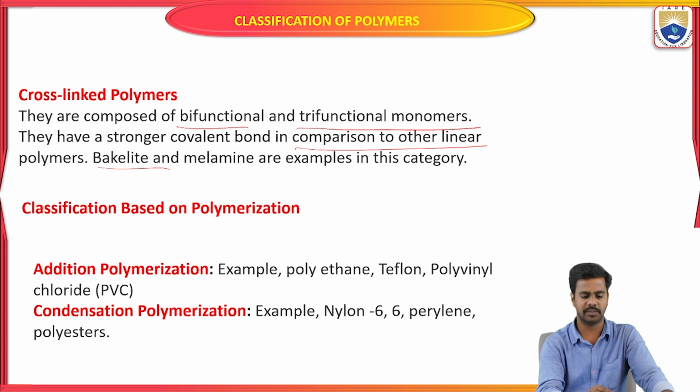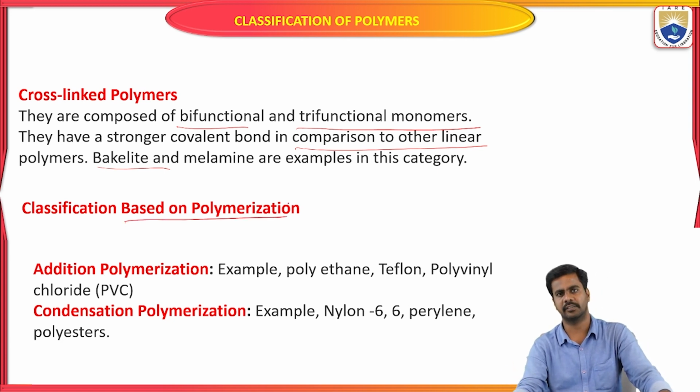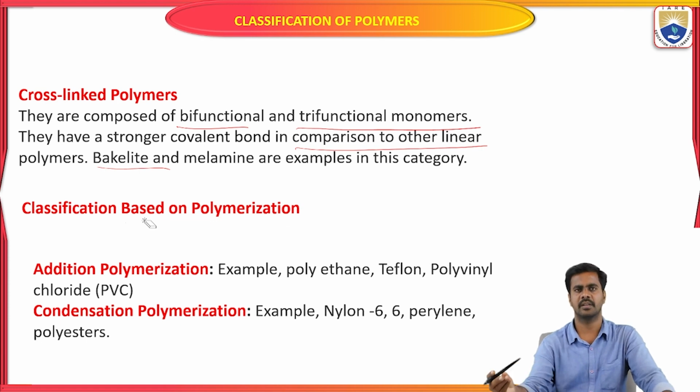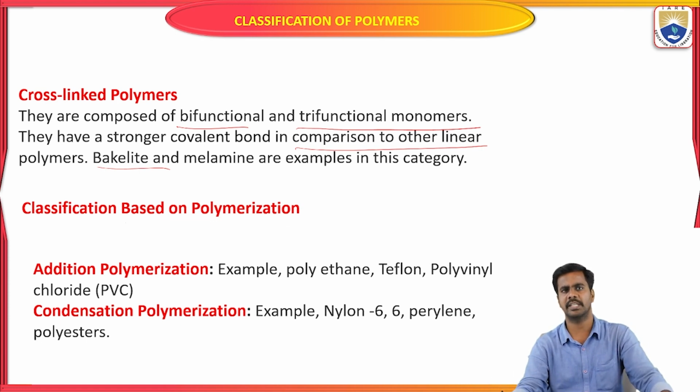And the next type of classification is based on the type of polymerization reaction. On the basis of polymerization reactions, polymers are classified into two types: addition polymerization or addition polymers, and condensation polymers or condensation polymerization.